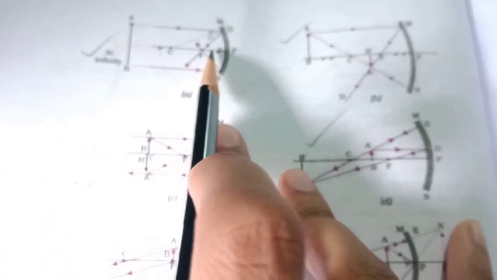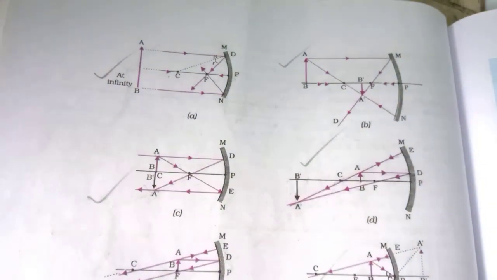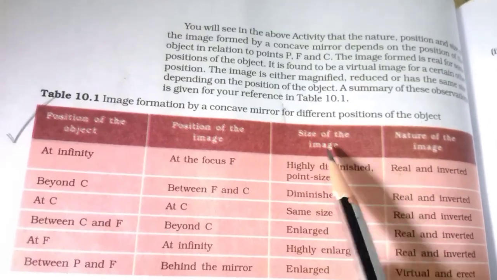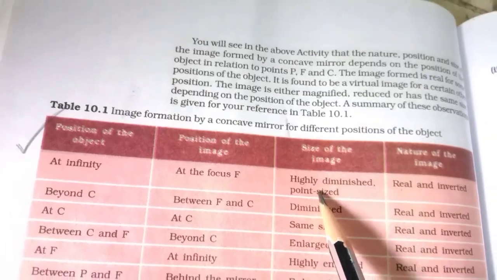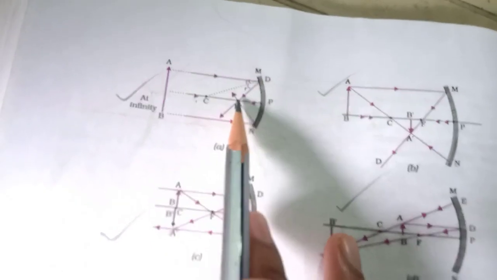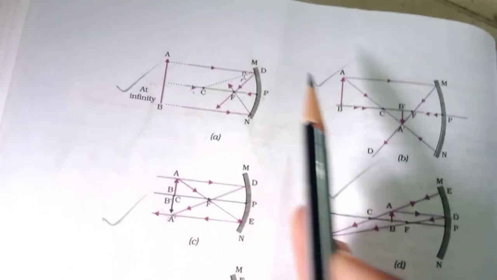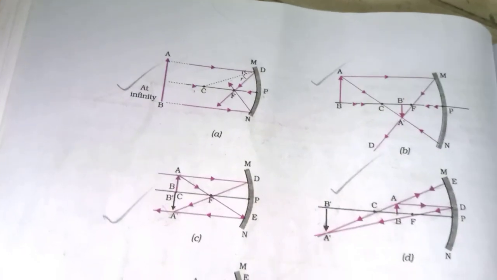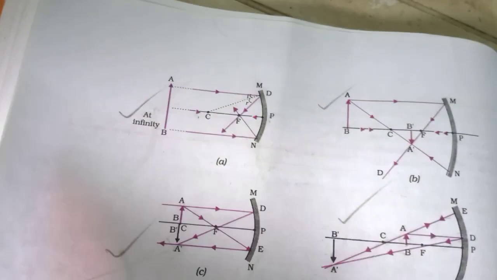So you can see here, image is formed at the focus. The two lines have met at focus, so image is formed at the focus, and here it is written that the size of the image is highly diminished and point sized. The point where both rays meet is the place where the image is formed, and it is point sized, highly diminished, right?